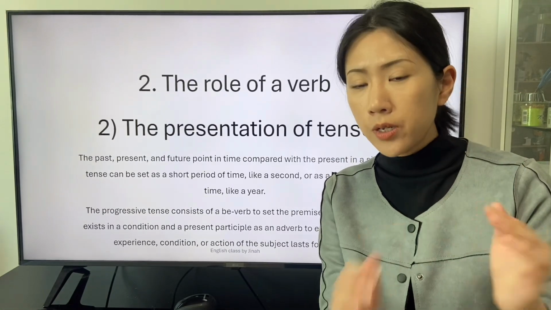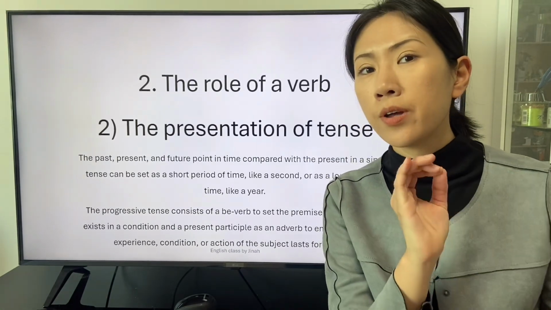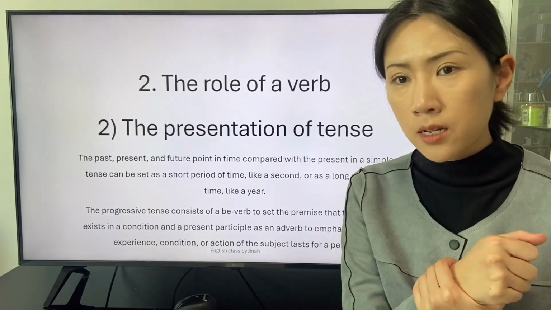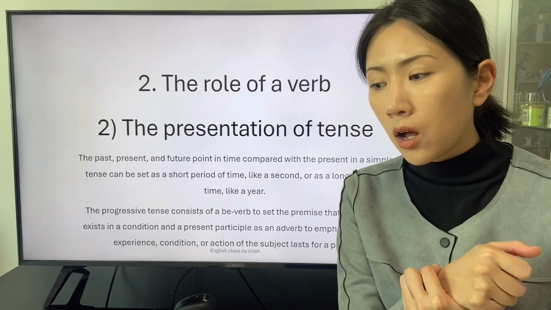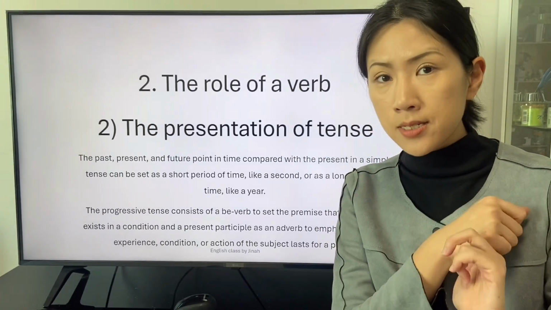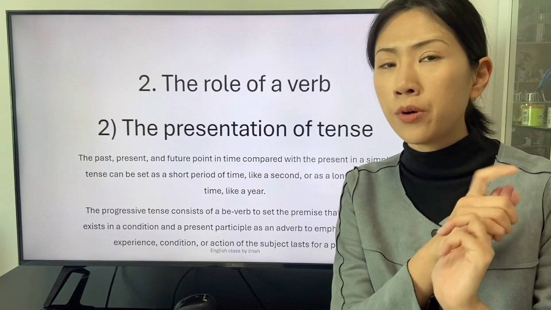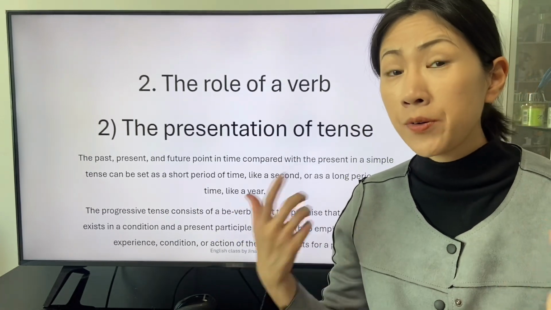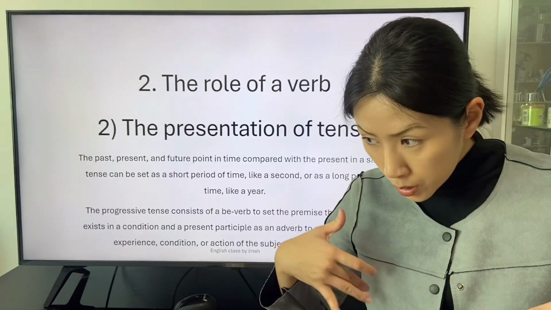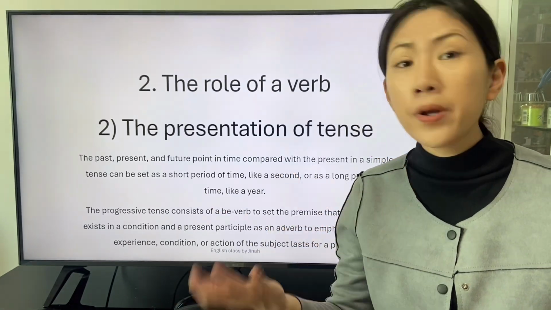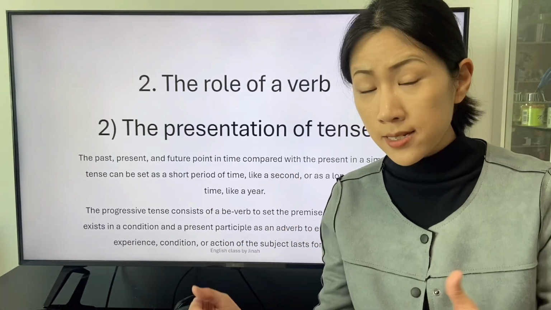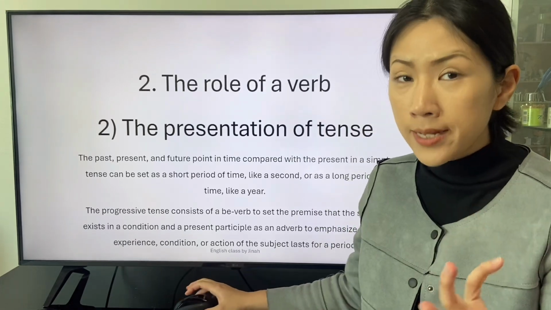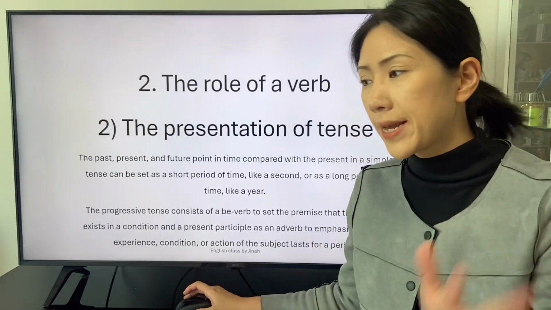The speaker who wants to emphasize that an experience, a condition, or an action lasts for a period of time, on the premise that the subject exists, applies the progressive tense.